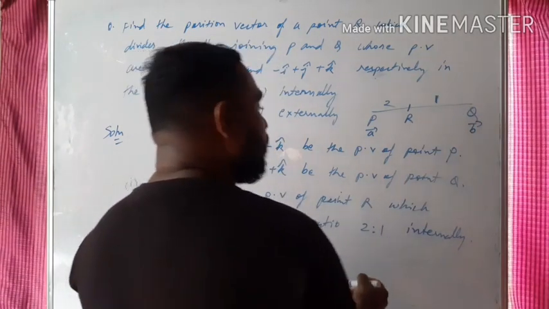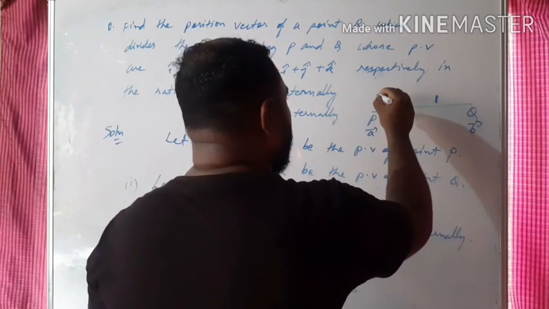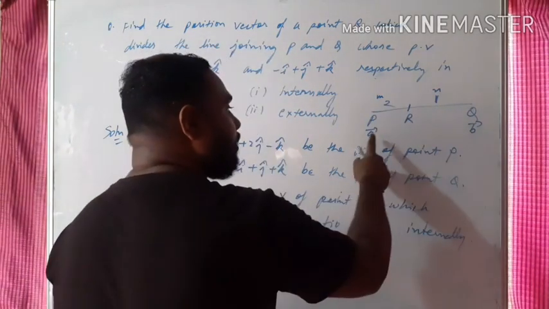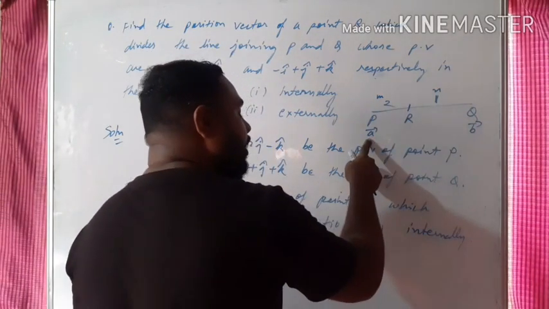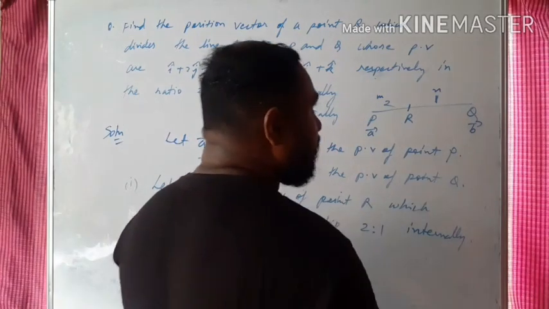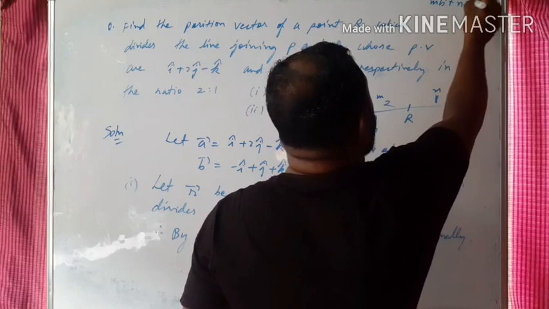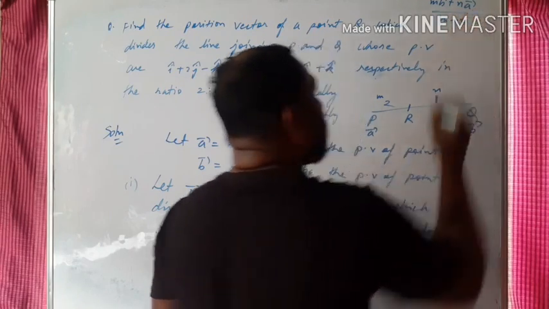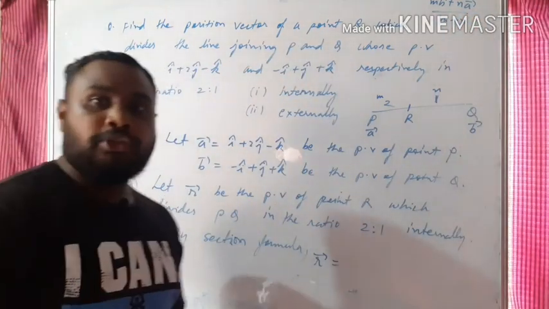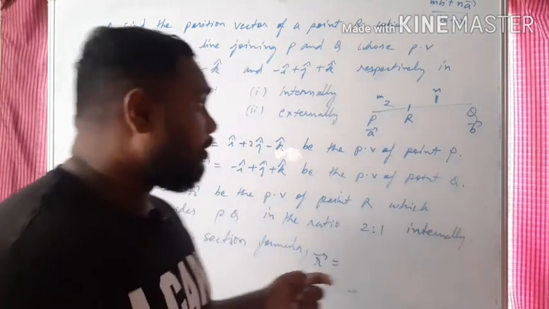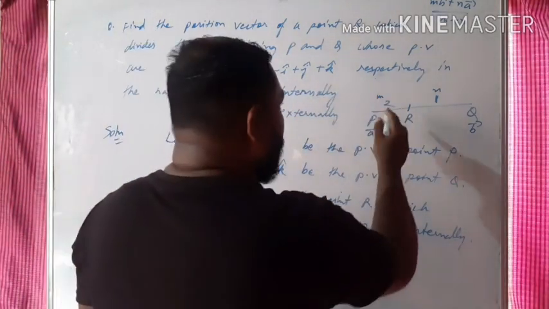So we know that if this is m, this is n, then m B plus n A divided by m plus n is the formula for the position vector of the point R, isn't it? We have got that formula already. Now I will use that formula.